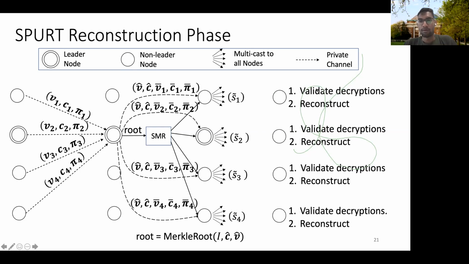Upon receiving a decrypted message, each node uses the pairing based validation check to validate that the decrypted message is a correct decryption of whatever was part of the commitment vector of the ciphertext vector. And upon receiving T+1 valid decryptions, they use Lagrange interpolation to reconstruct the aggregated secret, which is basically the addition of secrets of T+1 parties.